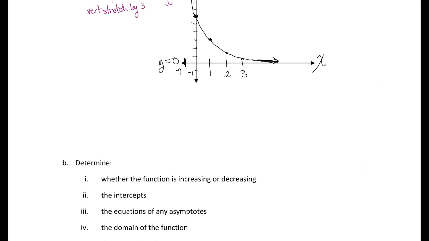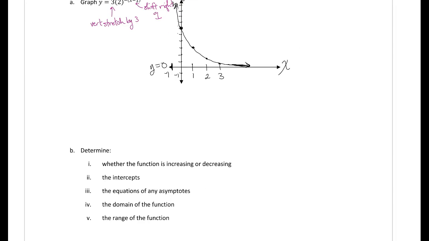Again, determining these kind of descriptors, we've got decreasing. I'm just going to circle it. Intercepts. We've got a y-intercept at y equals 6. So that's significantly different from the one that we're usually dealing with.